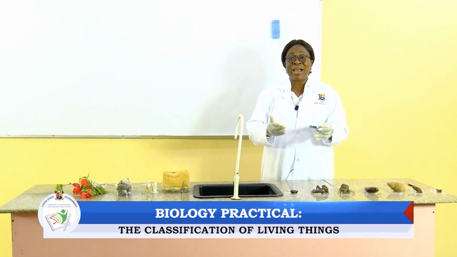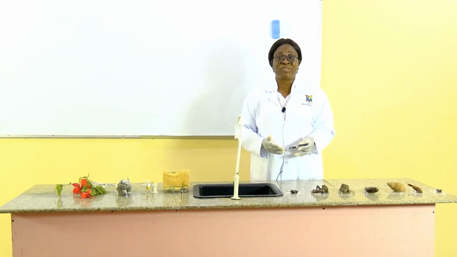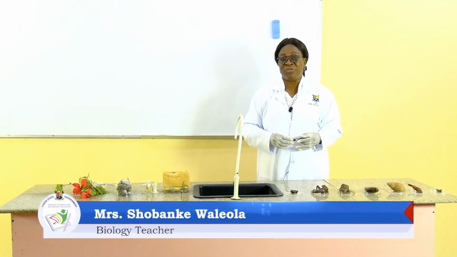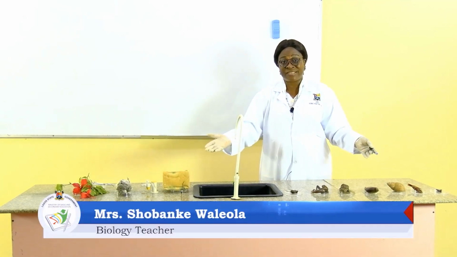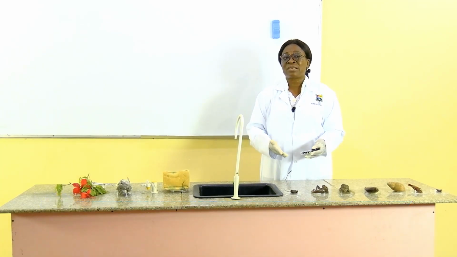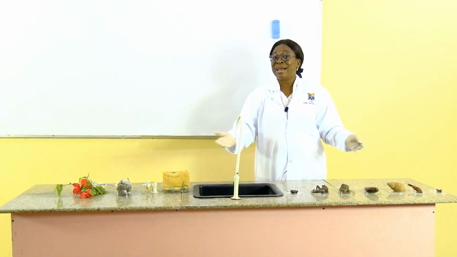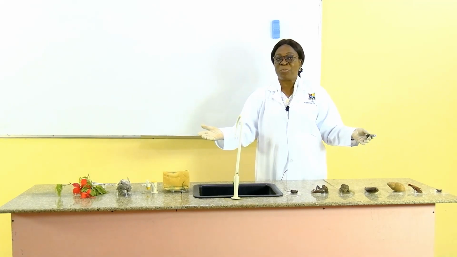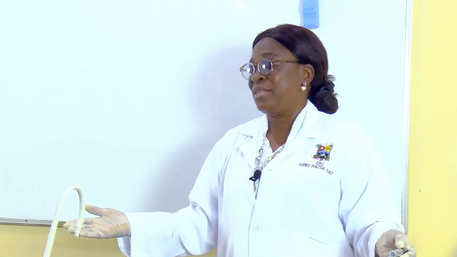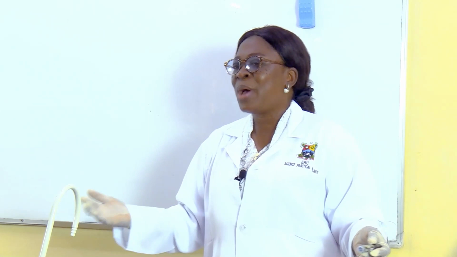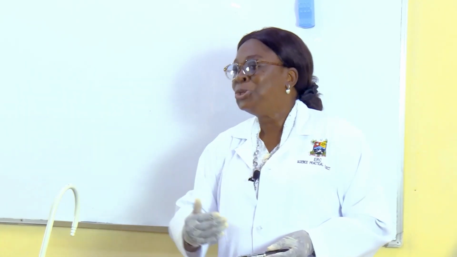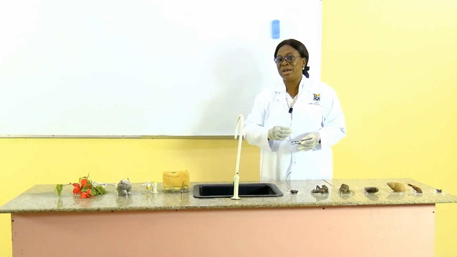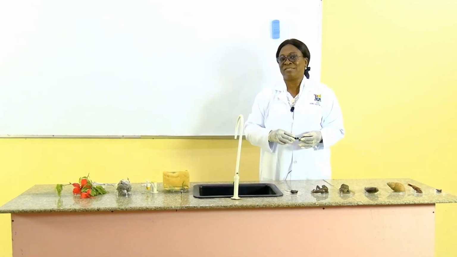Before, classifying living organisms may be a difficult thing for you. But now, with this lesson, I believe that we all can see that it's a very simple and interesting method that we have taken. So I hope in the next class, you will be able to identify correctly the specimen that you are given, and you will be able to classify them correctly as well.